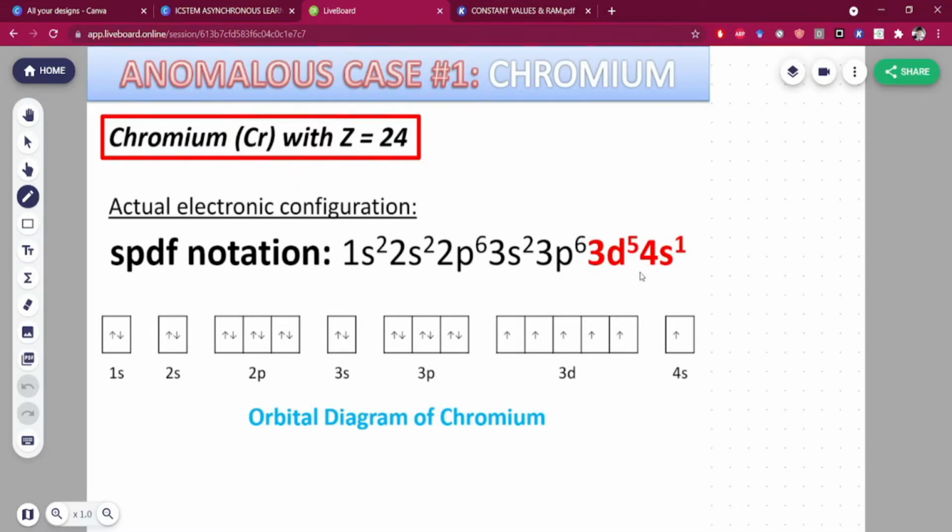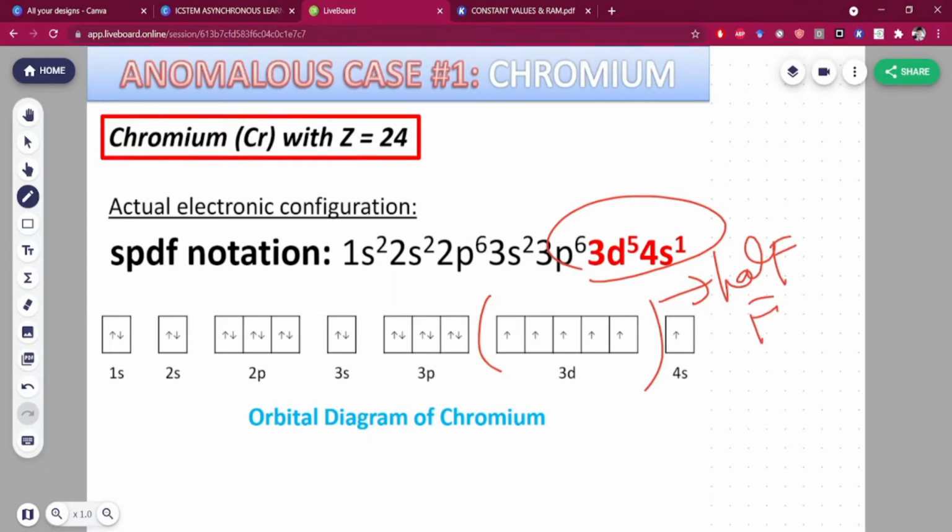So the thing that will be different over here is this. You have 3d5, 4s1. When you convert that to an orbital diagram, you can see that this is half-filled 3d.